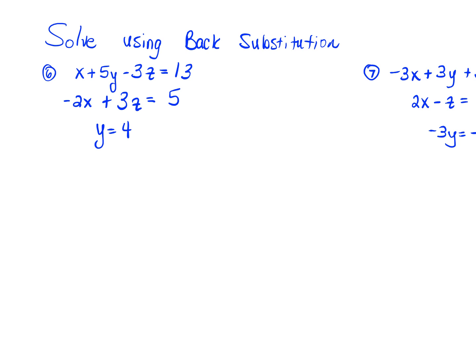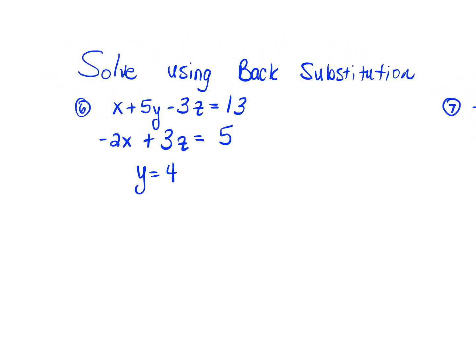This is weird. I don't know why it's like this. I was going to say, let's change it to where x is equal to 4. Normally it's z is equal to something on the bottom, but let's change this to be x is equal to 4.